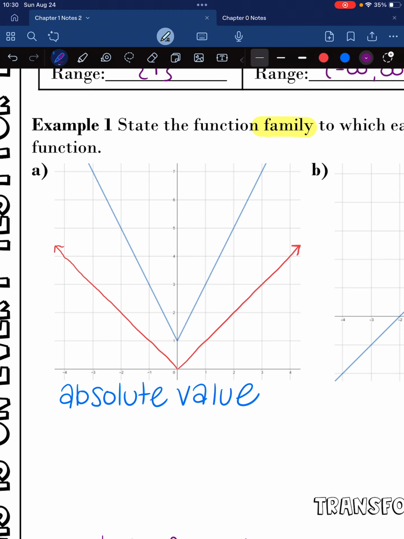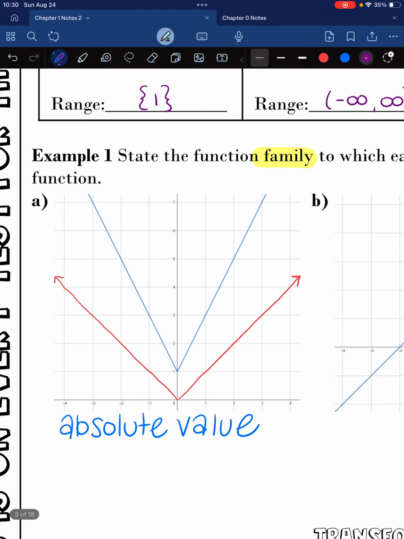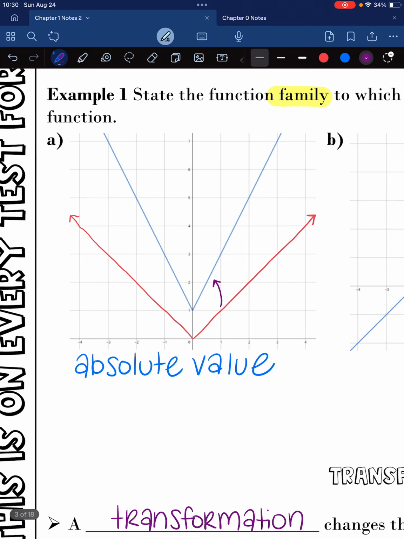Okay, so what I would describe, and we always describe how I would go from the parent, or from the red, to the transformed function. So I know we could say the parent function is down 1, but that is never how we want to describe it. We want to describe, I start with the parent function and I shift up 1 to get to the transformed, or the new function.